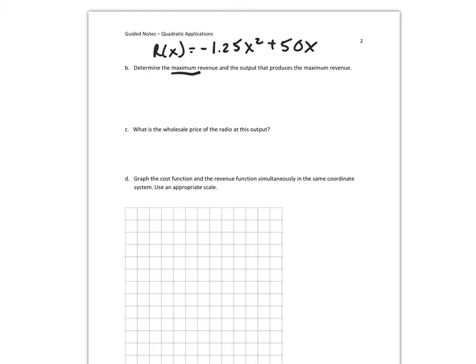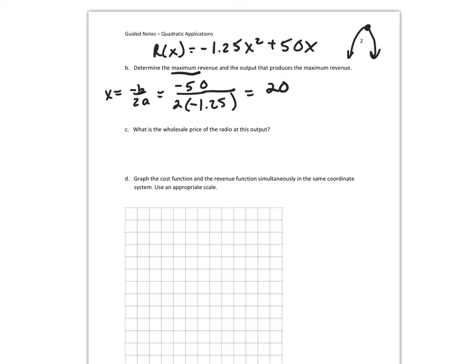Maximum, this makes sense. This is a parabola, it opens down. Vertex will be at the maximum. Vertex is negative b over 2a. That's negative b, or negative 50 over 2 times a, which is negative 1.25. Use your calculator, and I got 20 units.